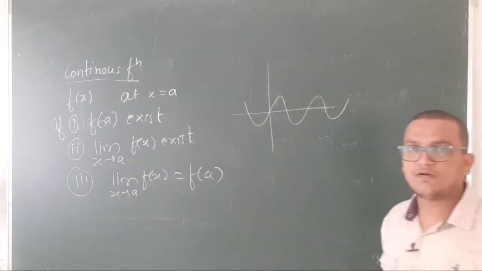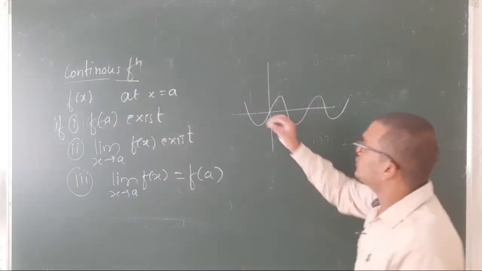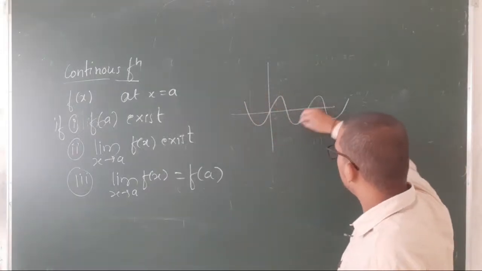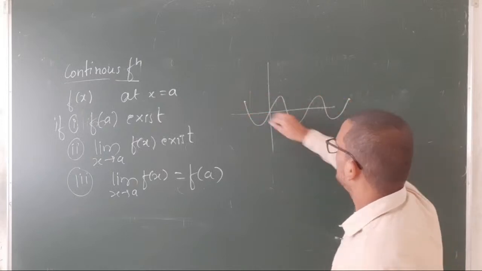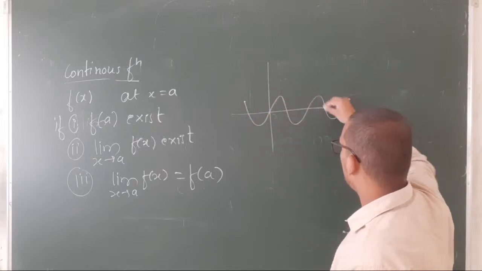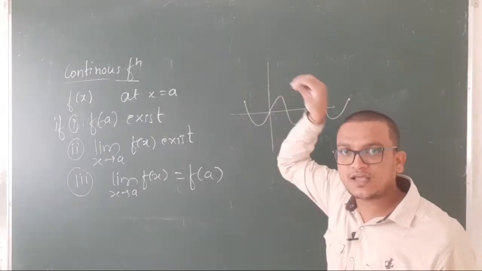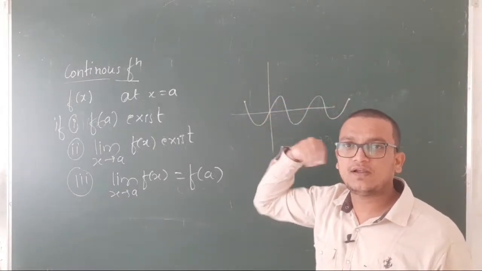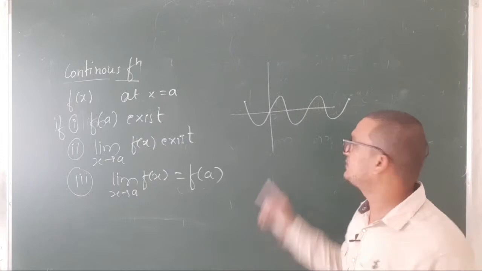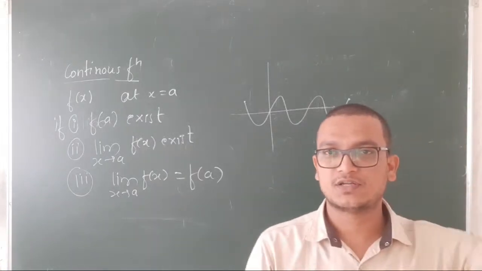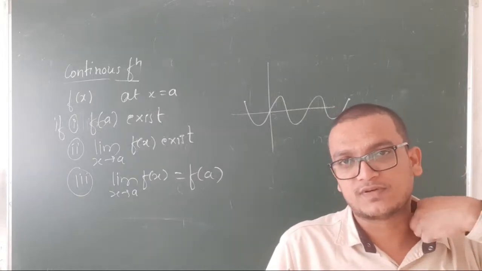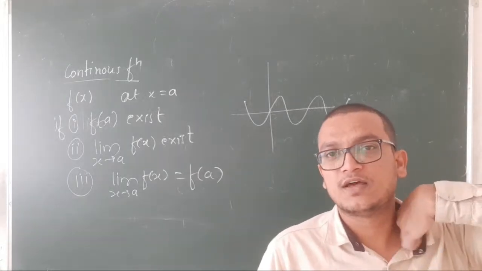While drawing this curve, I started from this point till the last point as a continuous process. I have not lifted the hand while drawing the curve, therefore this is a continuous function. Sin x is a continuous function.